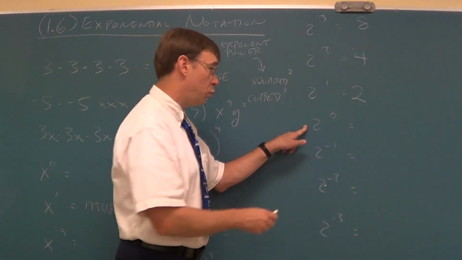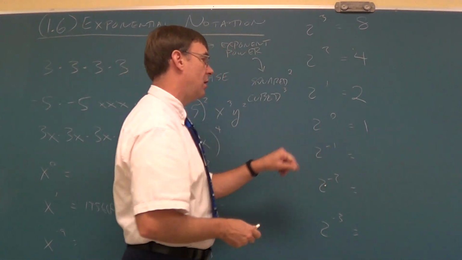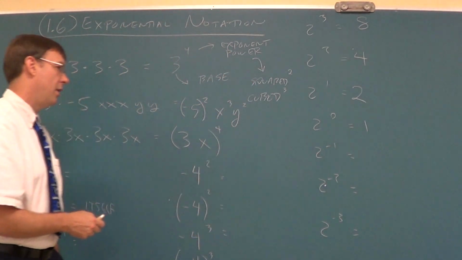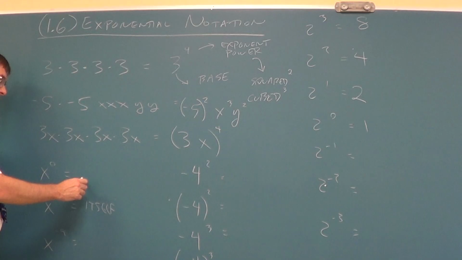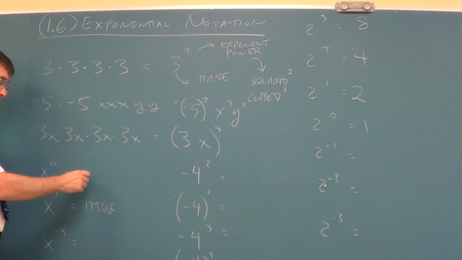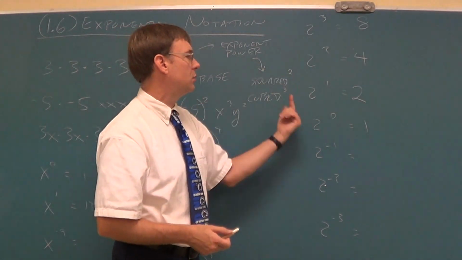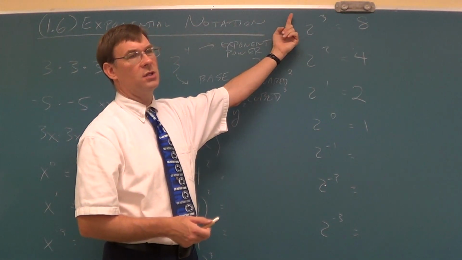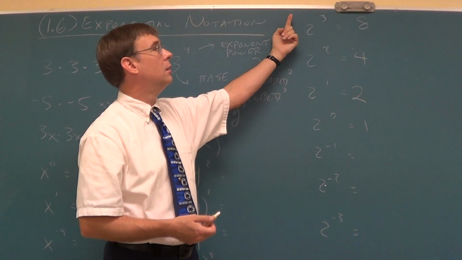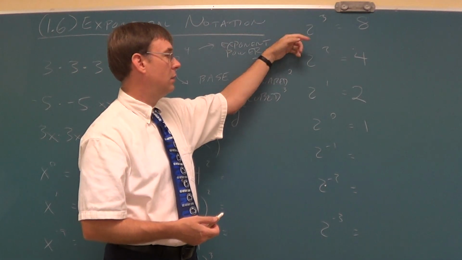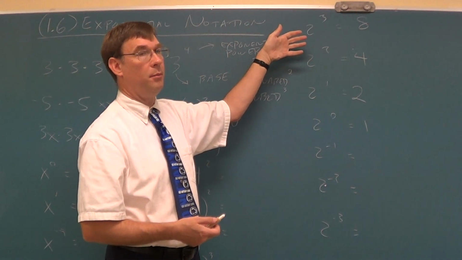2 to the 0? It is 1. I was waiting for somebody to yell 0. There's a rule we could build off of that. Anything to the 0 is 1. As you move up the powers, what are we doing in this column at least? Multiplying by 2, because 2 was the base.